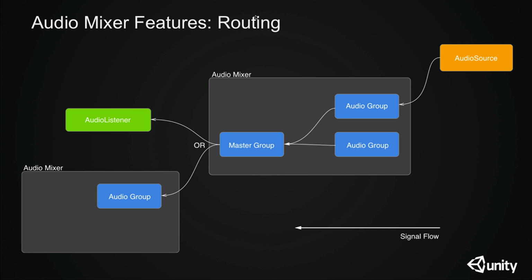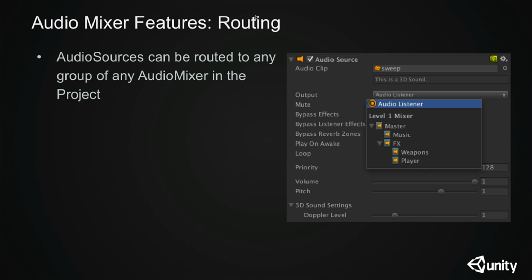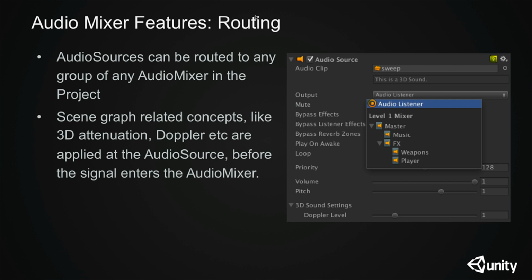This is a diagram of exactly what's going on. You can see that the audio source is playing into an audio group in an audio mixer. They all get mixed together, and they can either go to another audio group somewhere else, or they can go to the audio listener. So audio sources can be routed to any of the groups, not just the leaf nodes, which is important.